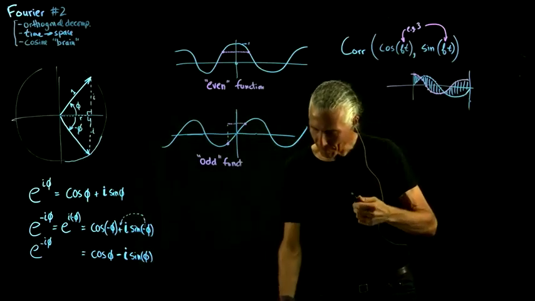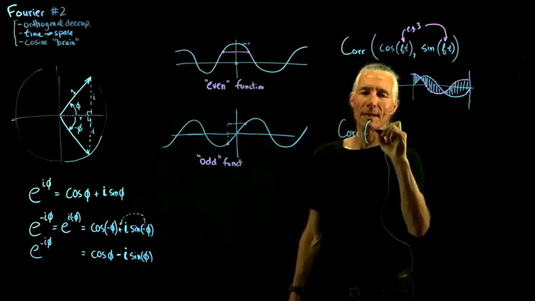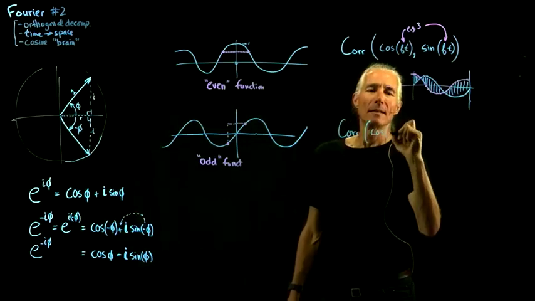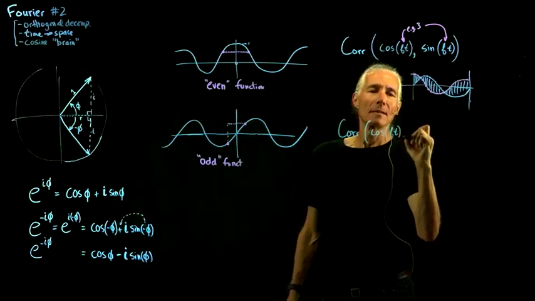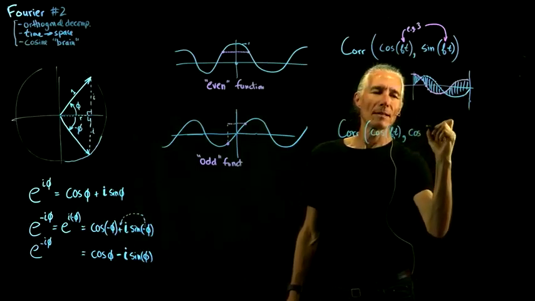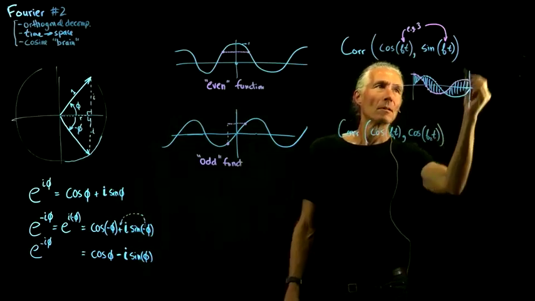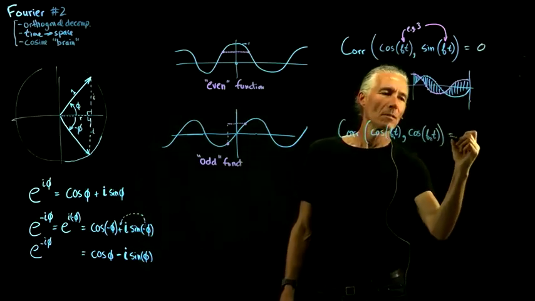So if you correlate one frequency with another one, say you take cosine of frequency 1 correlated with a cosine of frequency 2, that also equals 0.